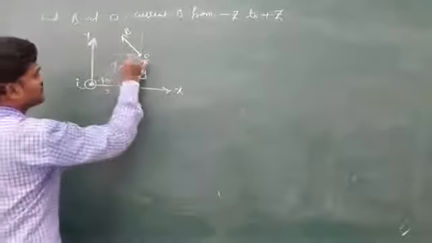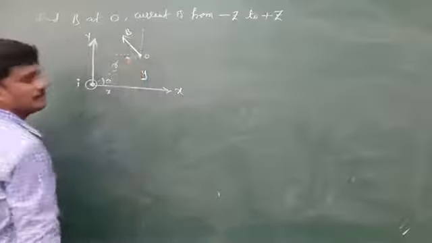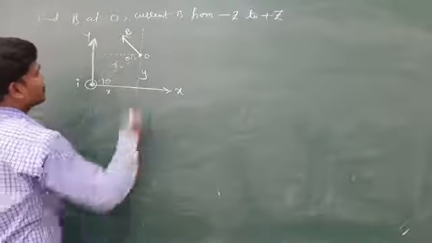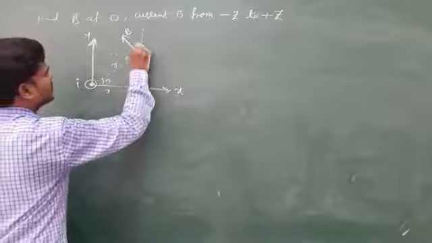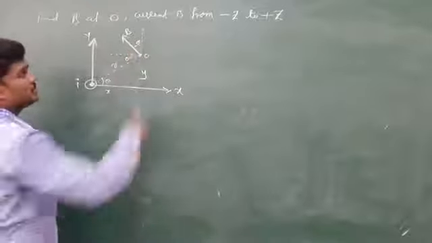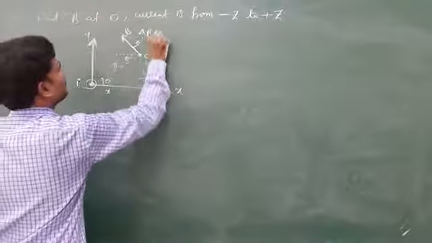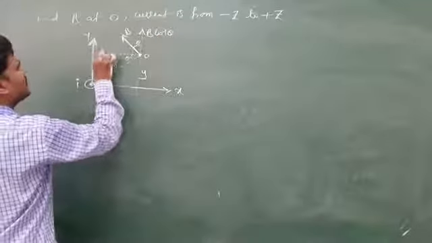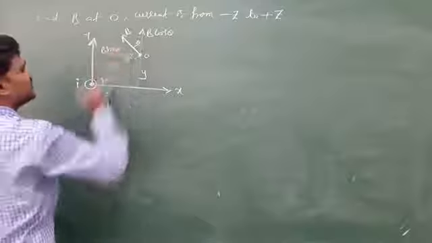If this is theta, this is theta. And if this is theta, this is 90 minus theta, this is theta. So this component is B cos theta, and this component is B sin theta.